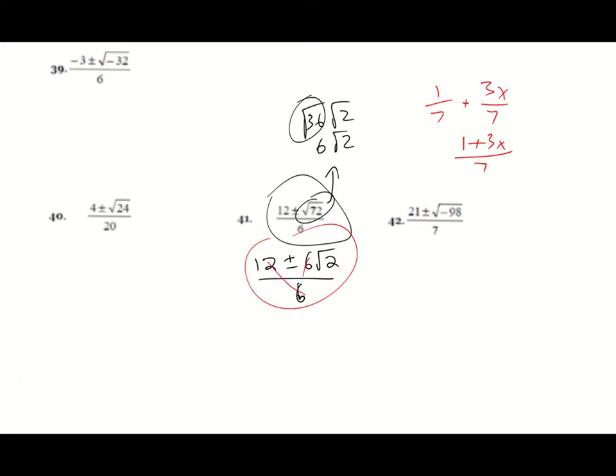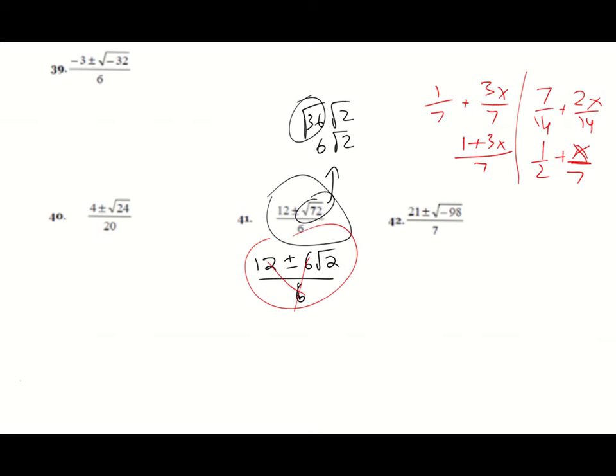That would be like saying, maybe we had 7/14 plus 2x 14ths. We could reduce both of these. Sorry, it's a separate problem. We could reduce both of these as 1/2, and then this one would turn into x over 7. We could reduce them separately if we wanted to.